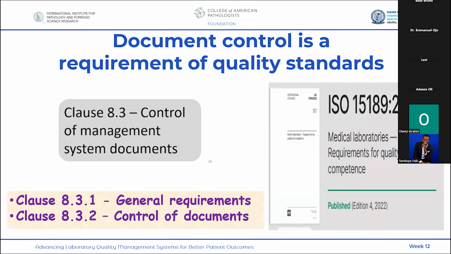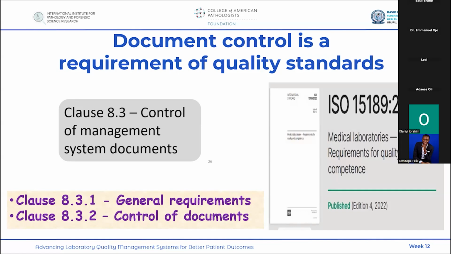And that is why when you talk about a quality management system, people will ask you, you are implementing QMS based on which standard? So you see, I keep making reference to ISO 15189 because that gives direction to know what I'm conforming to.